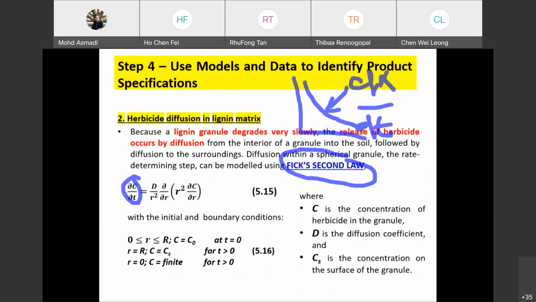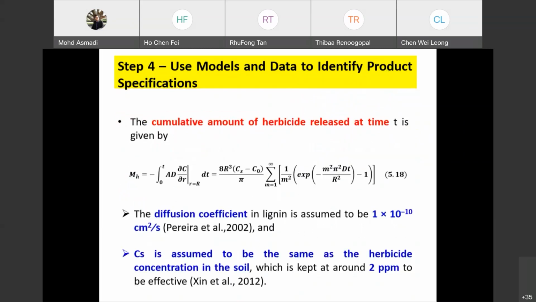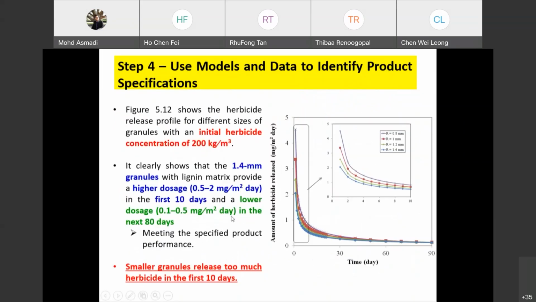So these are the equations for the lignin. This is also the boundary, and we substitute into these equations so that we can get the diffusion release rate for the lignin. So if you look here, the larger granules provide the higher dosage within the first 10 days, and the lower dosage is for the small granules, 0.8.